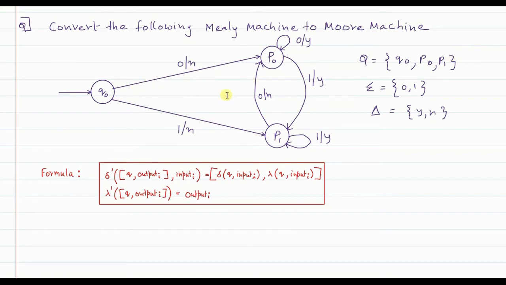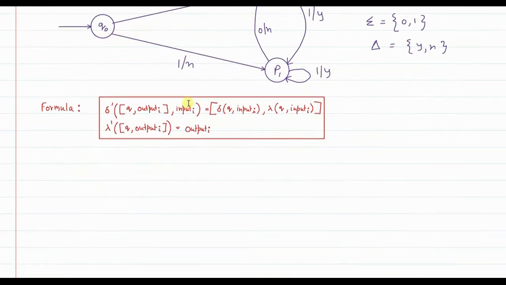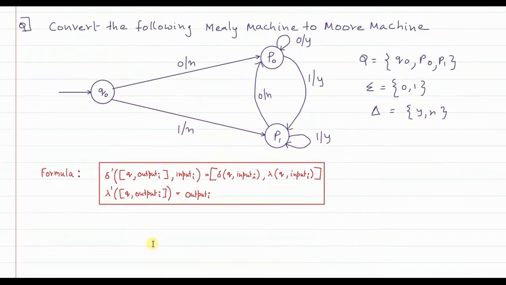Now you need to find out what the states of the resultant Moore machine will be. The states of the resultant Moore machine will be a pair of state comma output. So how many states will there be? There are 3 states in the Mealy machine that is given to us, and there are 2 output symbols.